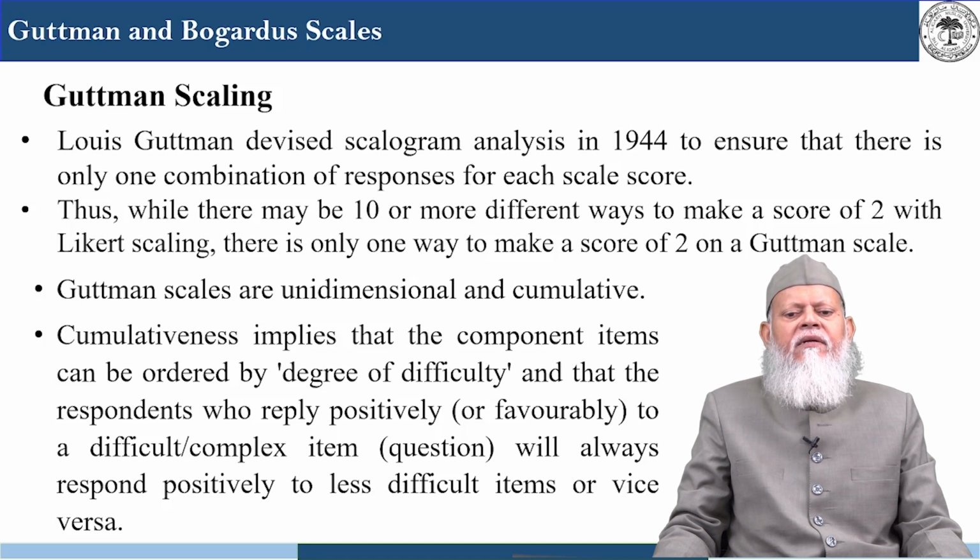Cumulative implies that the component items can be ordered by degree of difficulty and that the respondents who reply positively or favorably to a difficult, complex item or question would always respond positively to less difficult items, or vice versa.